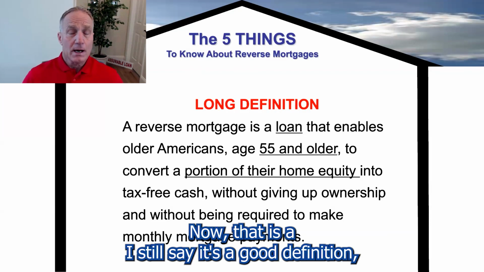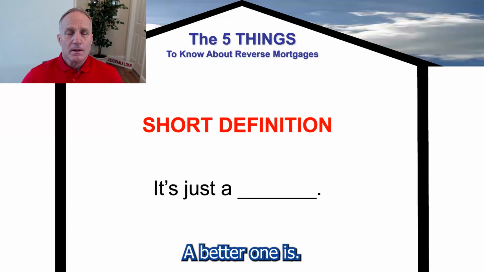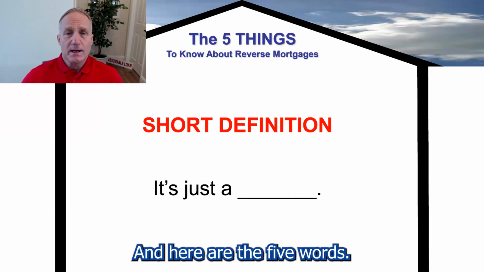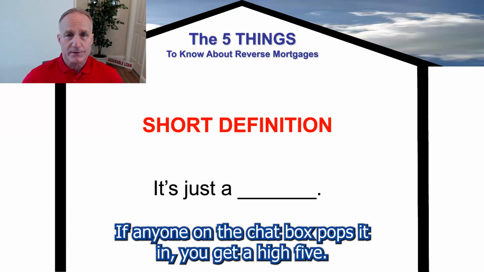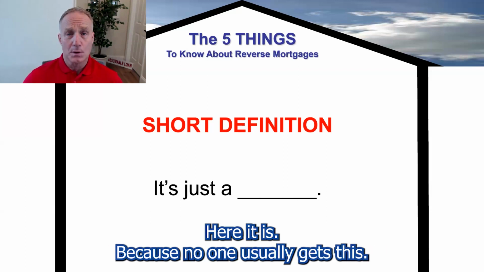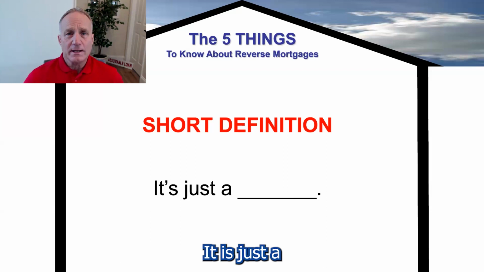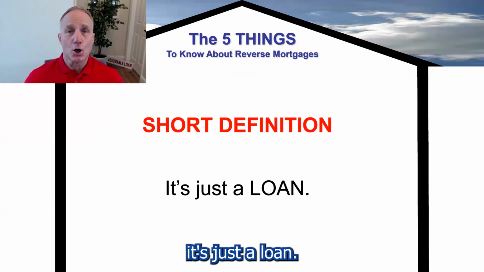Now I still say that's a good definition, but I'll tell you a better one. A better one is, and here are the 5 words. If anyone on the chat box pops it in, you get a high five and a lot of respect from Paul Shepper. Here it is, because no one usually gets this. The short definition of a reverse mortgage: it's just a loan.